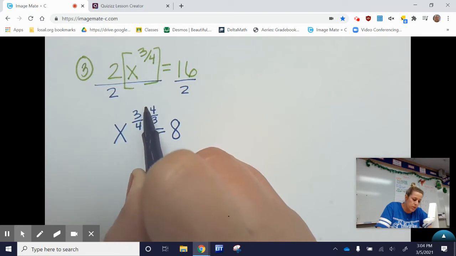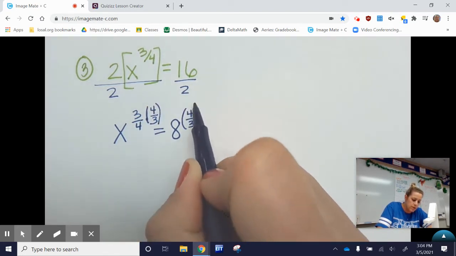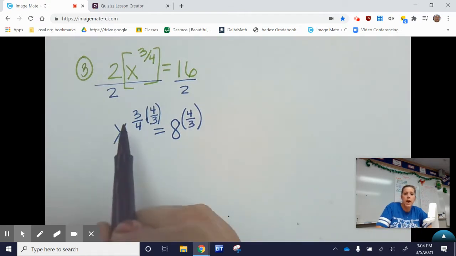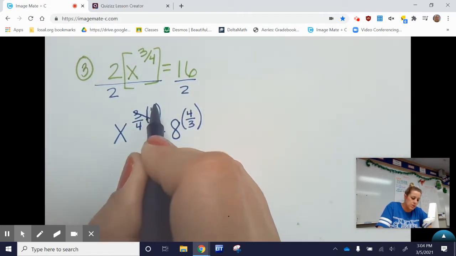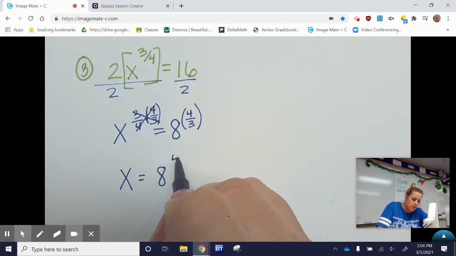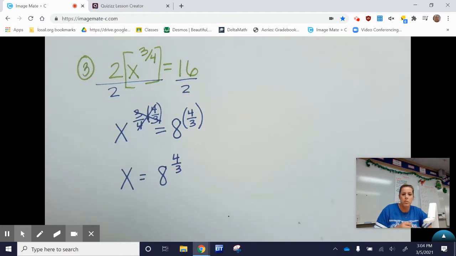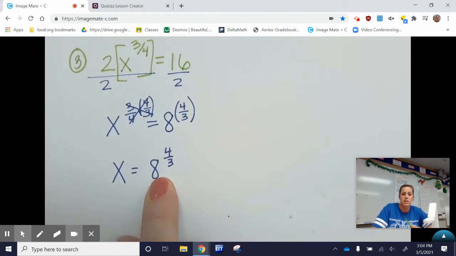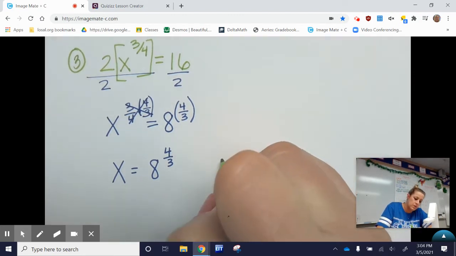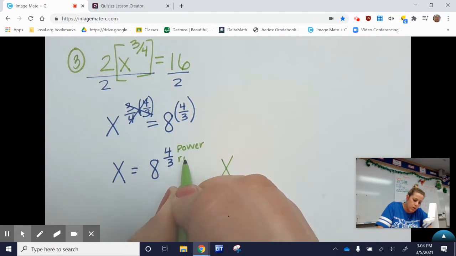And remember that whatever we do to one side, we have to do to the other to keep it balanced. Okay, so what happens is these exponents cancel out. So now we're just left with an x, and we have 8 raised to the 4/3 power. Okay, well, remember that we learned that we can easily change something like this with a fractional exponent into a radical. So we can do power over root.